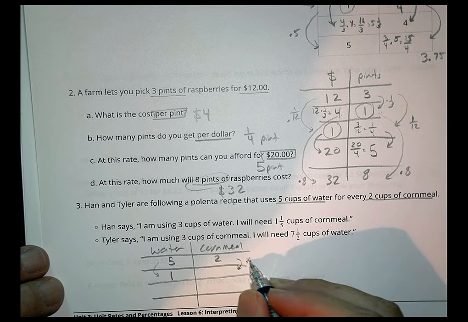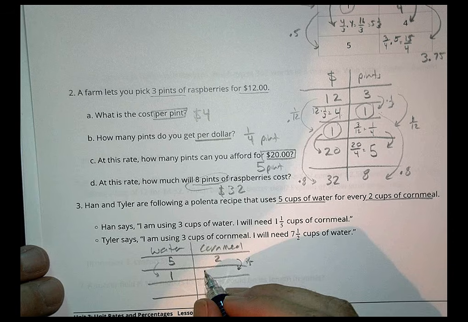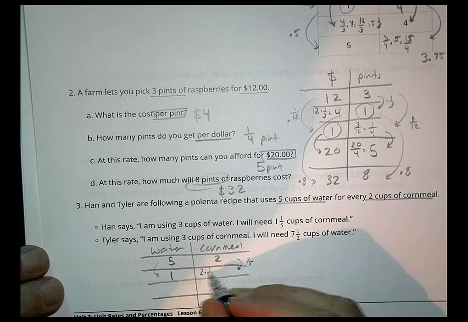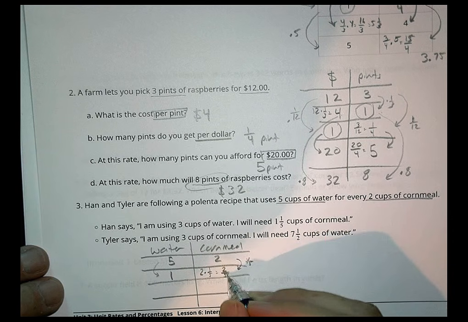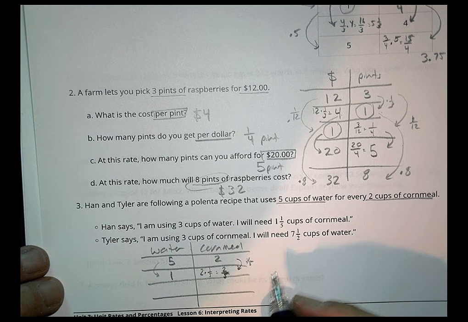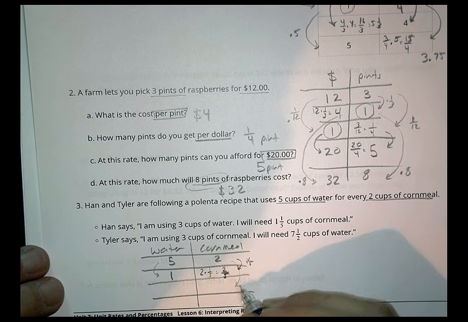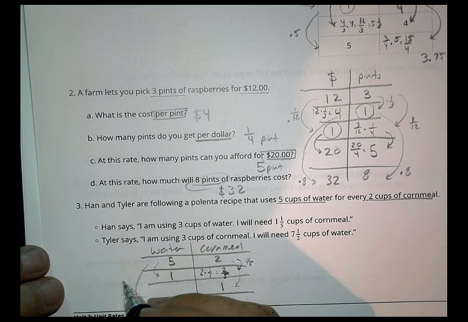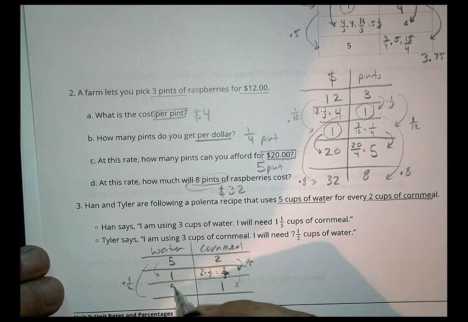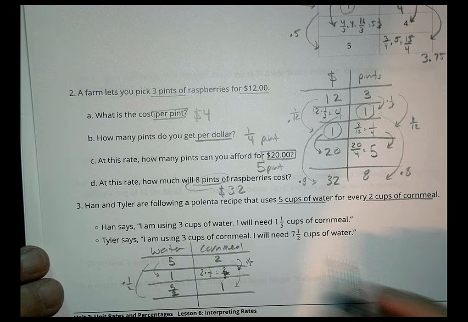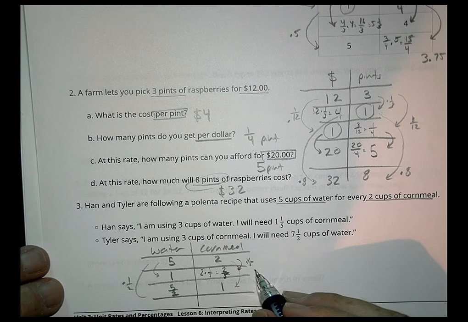Times 1/5. So 2 times 1/5 equals 2/5. So that's my unit rate right there. Over here for my unit rate for cornmeal, 1, this becomes 5 times a half, which is going to be 5/2. So I have my unit rate for water, and here's my unit rate for cornmeal.